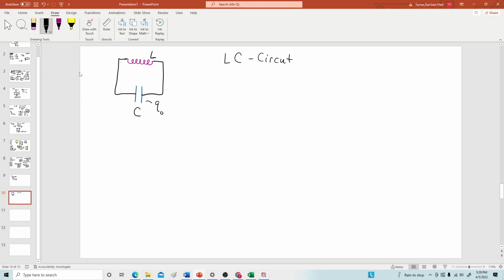And so the charge on the plates follows this form: Q naught cos omega t, and we saw that omega was equal to 1 over the square root of the inductance times the capacitance.